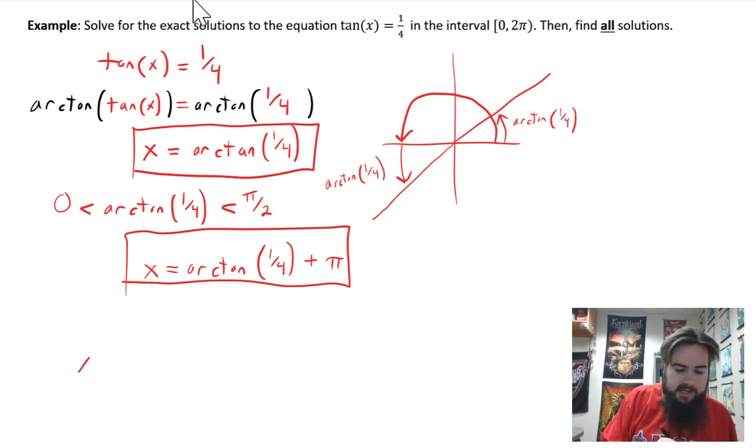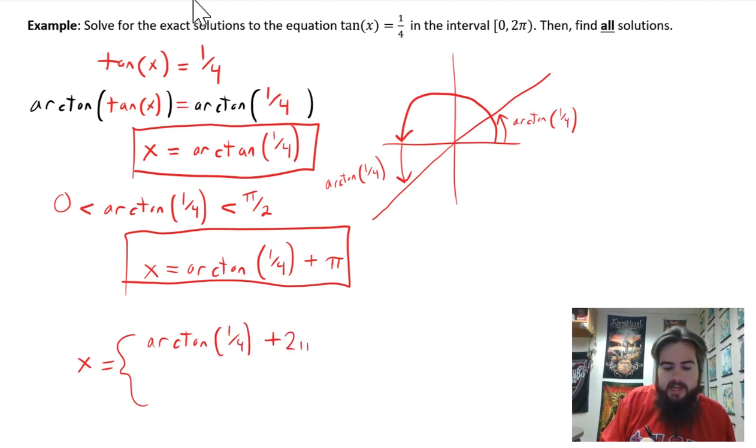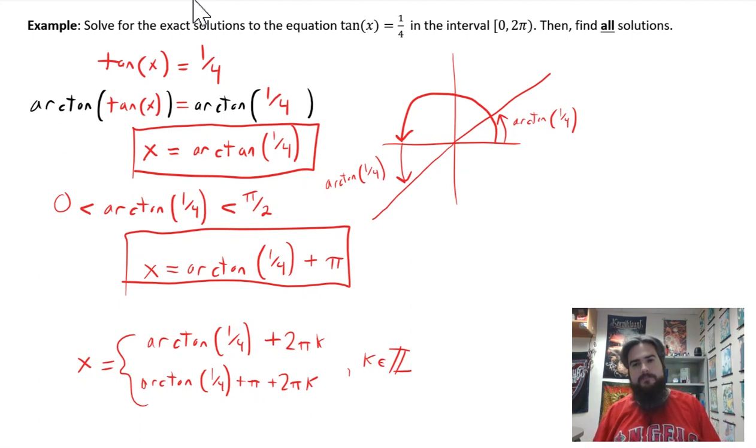So I could say x could equal arctangent of 1/4 plus 2 pi k, where k is an integer, and also arctangent of 1/4 plus pi plus 2 pi k, again where k is an integer.